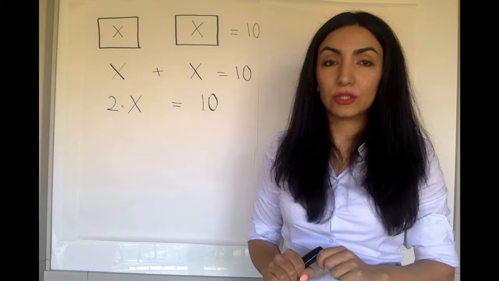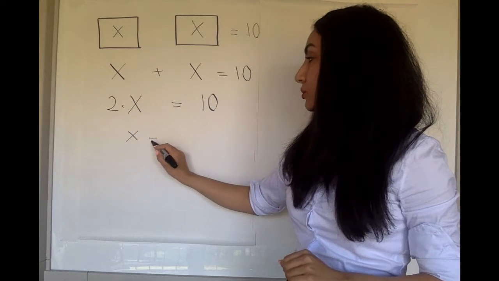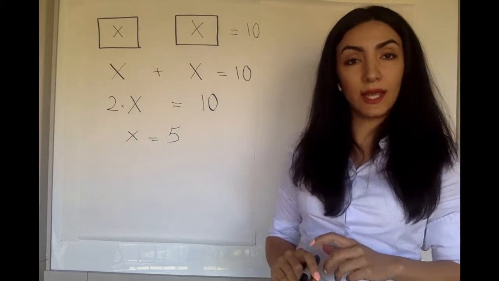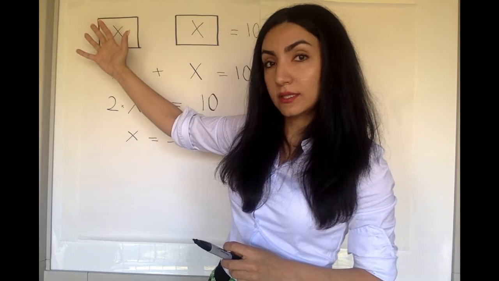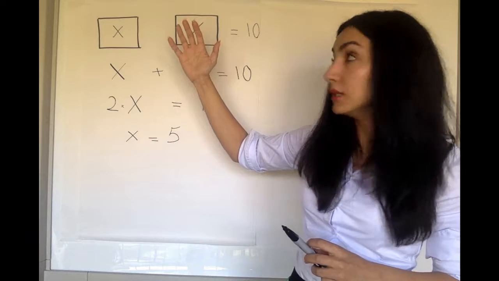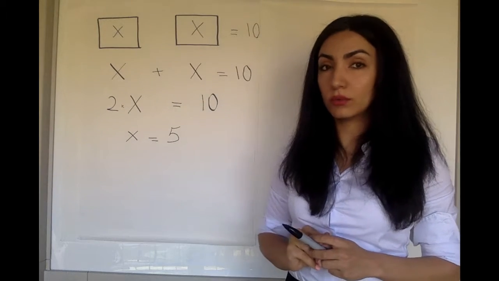Thank you for doing that. You should probably find x equals 5. You should have said to yourself, I have a certain amount here plus a certain amount here equals 10. And these numbers are equal.